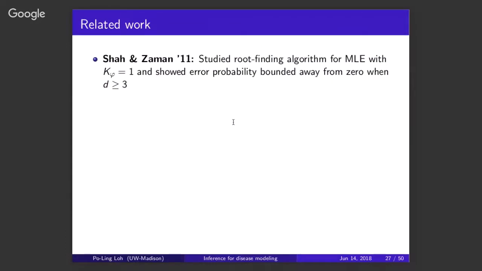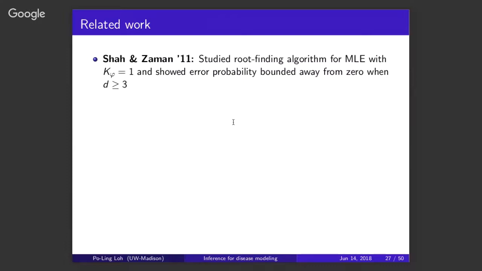Okay, so then a comment on some related work. There is a bunch of work from Devavrat Shah's group, Shah and Zaman, maybe 7 years ago. They were looking at these types of problems in the context of gossip or rumors spreading over a graph. I mentioned their work earlier because they had shown that there is in fact an order n algorithm for evaluating all of these maximum likelihood functions over all the nodes.